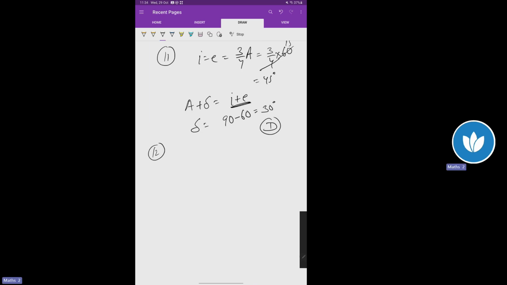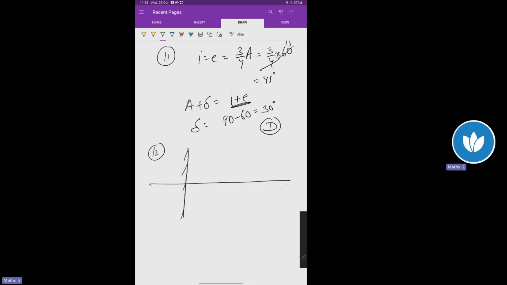12. A plane mirror is placed at origin parallel to the y-axis, facing the positive x-axis.